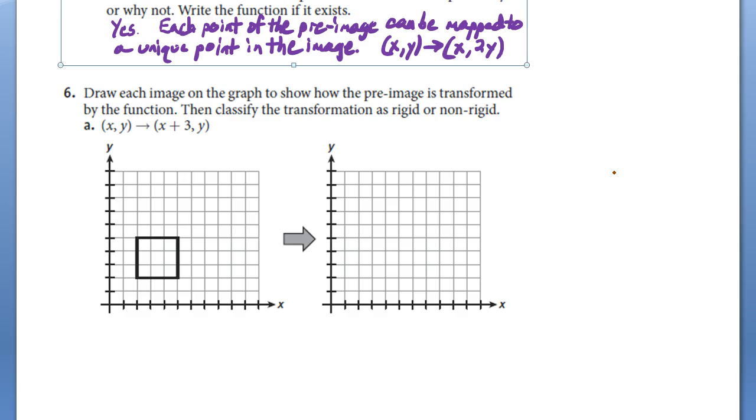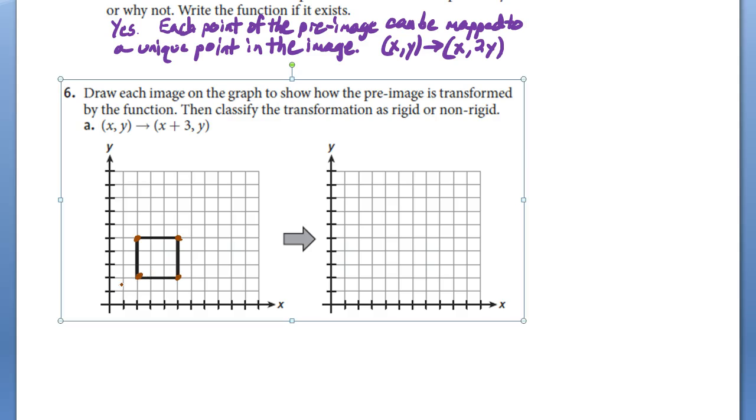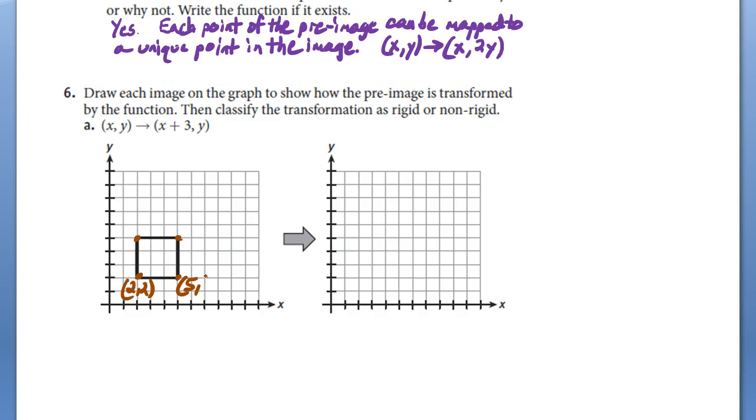Number 6, draw each image on the graph to show how the pre-image is transformed by the function. Then classify the transformation as rigid or non-rigid. So we have this square, and here are its four corners. This one right here is located at (2, 2). This one here is 1, 2, 3, 4, 5. This is (5, 2).